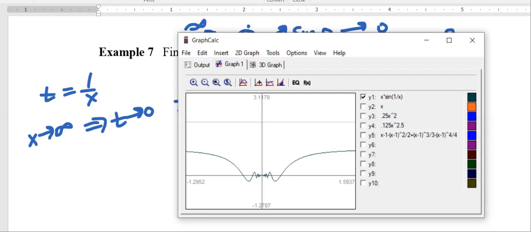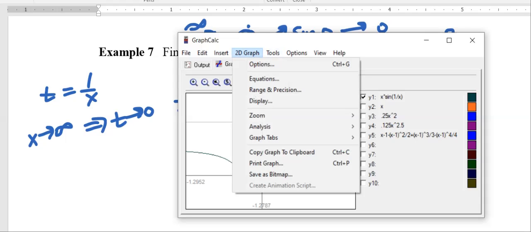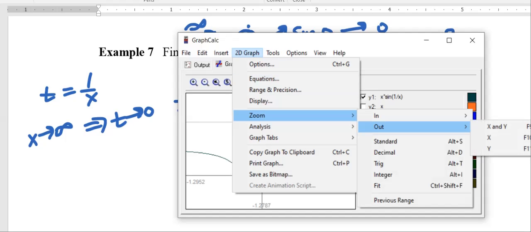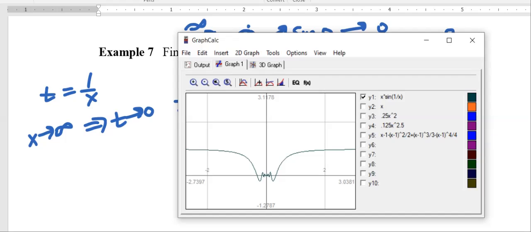You can't tell exactly, but it does look like it's heading asymptotically. We would have to do a zoom out here to get a better idea. So let's do a zoom out.